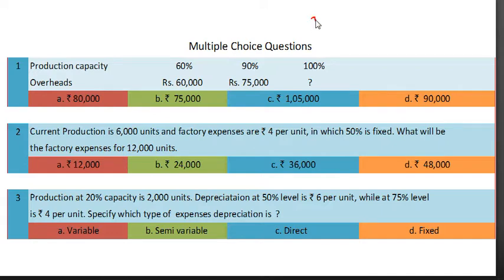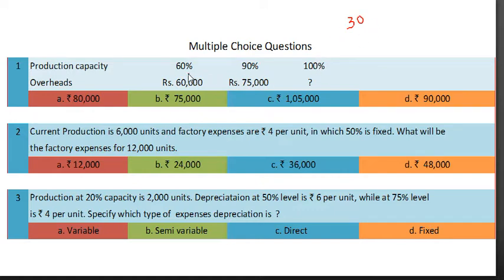So at 30% our variable cost is 15,000. So at 60% it would be question mark. So it amounts to 30,000. It means out of 60,000, 30,000 is variable cost. So remaining 30,000 is our fixed cost.